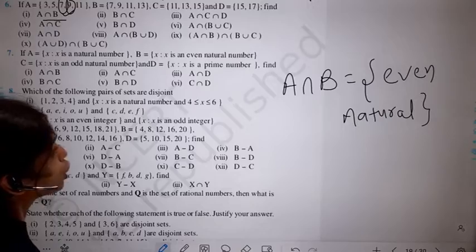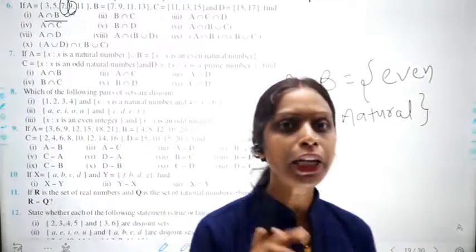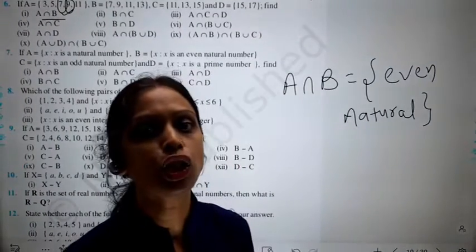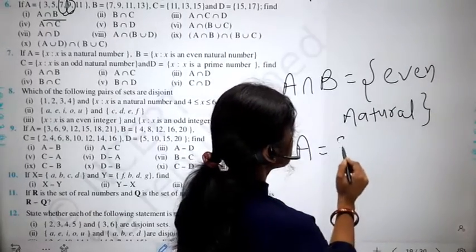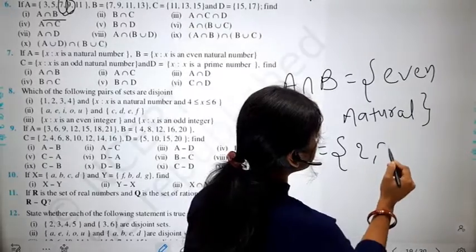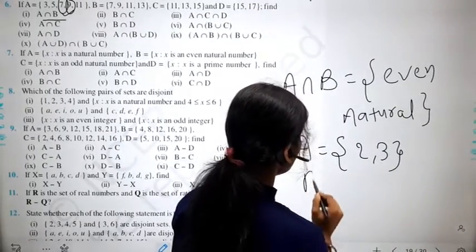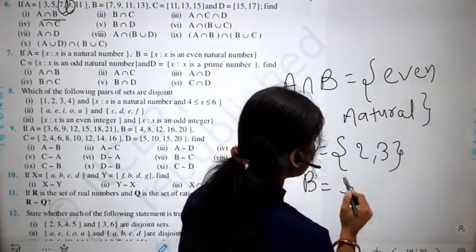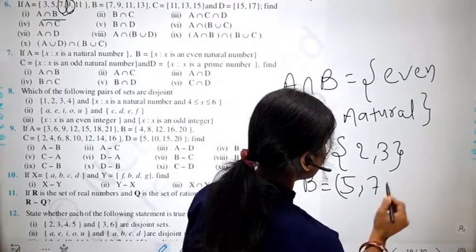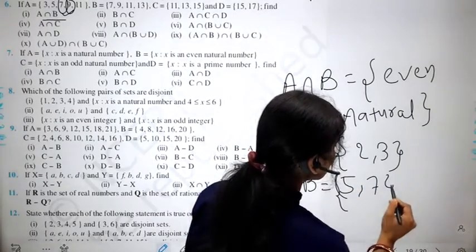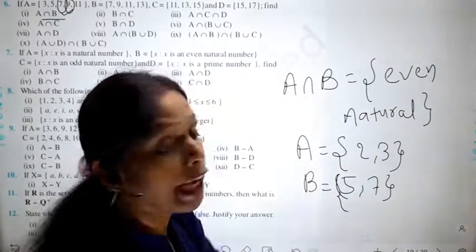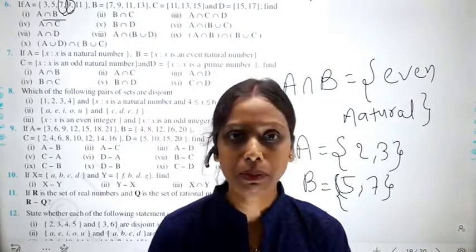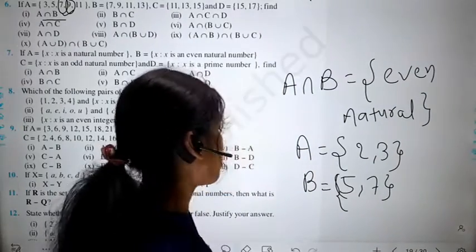Okay, next one is, which of the following pairs is a disjoint set. Now it is very important to know which one is a disjoint set. Disjoint set means if A is equal to {2, 3} and B is equal to {5, 7}, then there is no common element between A and B. Then this type of set will be a disjoint set.